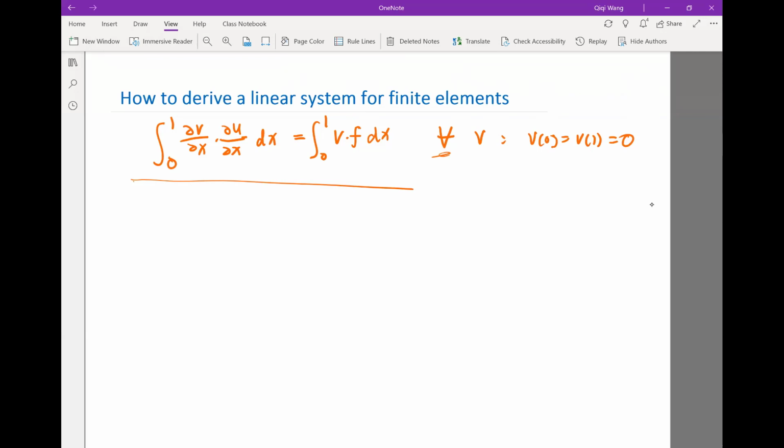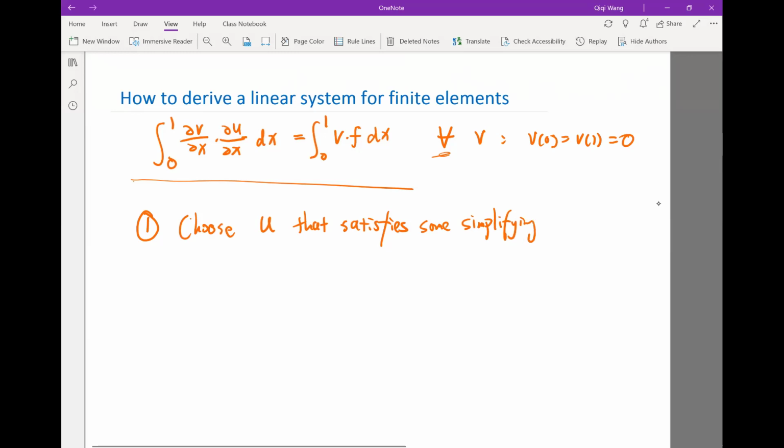All right, so the finite element says two things. One is that we are not going to be looking at any solution u here. We are not choosing this from all possible functions u. We want to choose a u that satisfies some simplifying constraints.